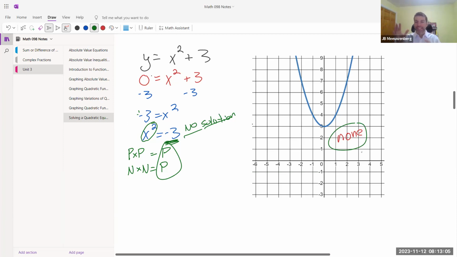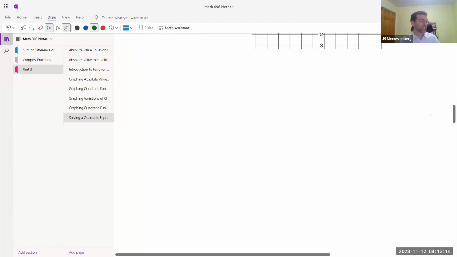So when you're trying to find the zeros of your quadratic equations, or when you're trying to find your x-intercepts, there are 3 different scenarios that can happen. This is just to summarize. You can have 2 solutions or 2 intercepts, which would be when your parabola looks like this and it crosses twice.